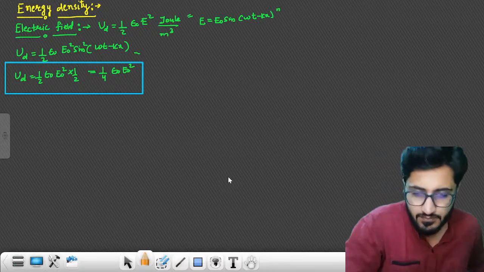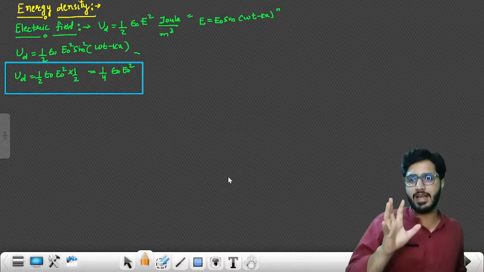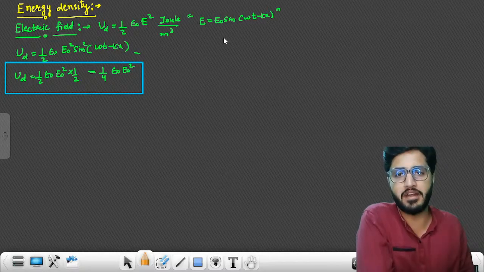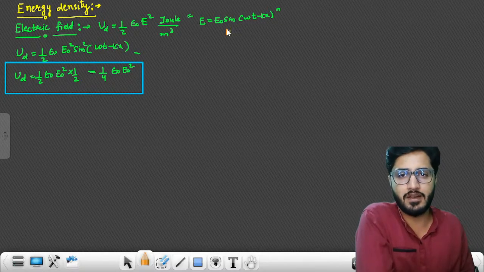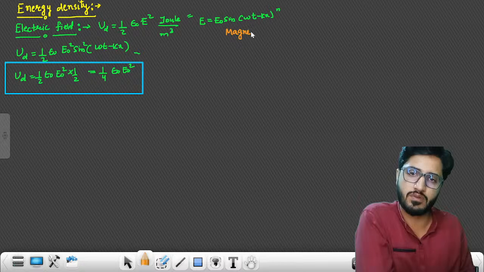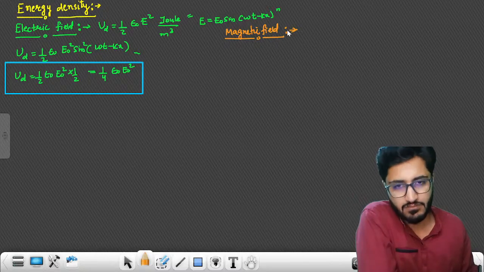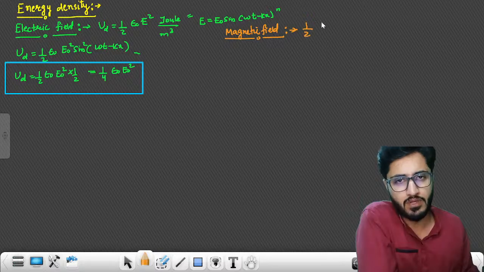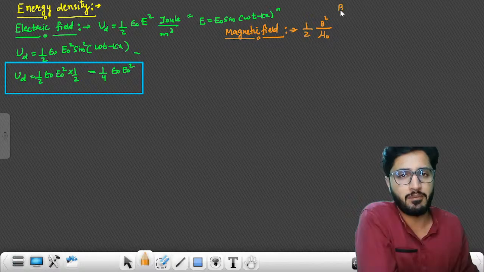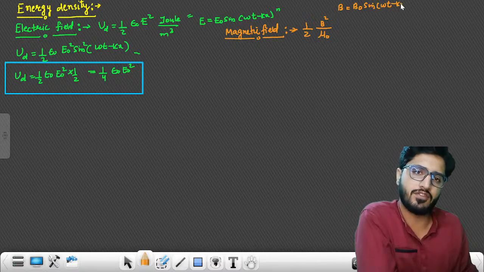Now, one more thing, this was all about the electric field. What about the magnetic one? So I can write here the magnetic field. Magnetic field energy density will be 1 by 2 B square by nu naught, and B is equal to B naught sine omega t minus kx.